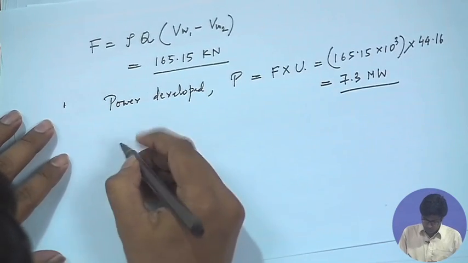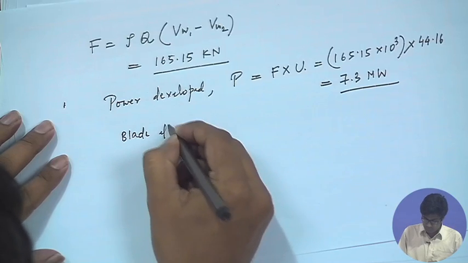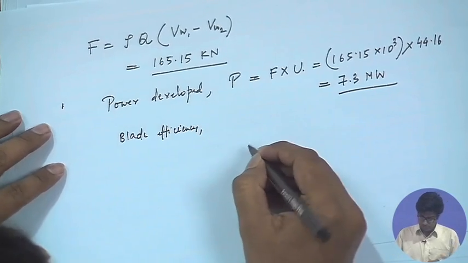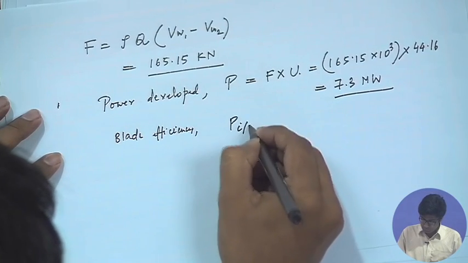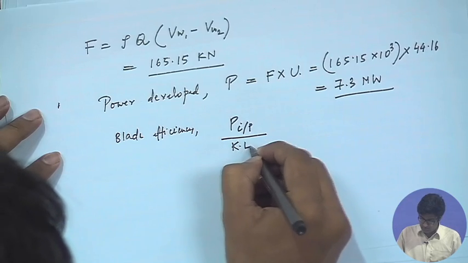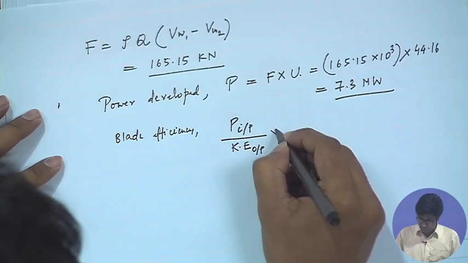Next, we have to find out the blade efficiency. The blade efficiency is the ratio of the power input to the output kinetic energy into 100.